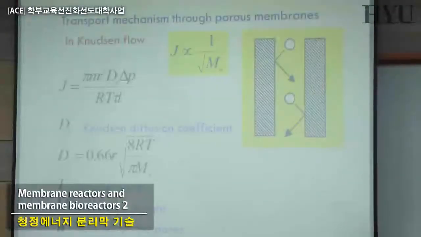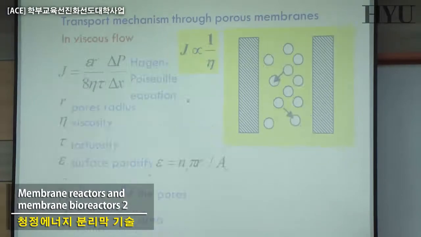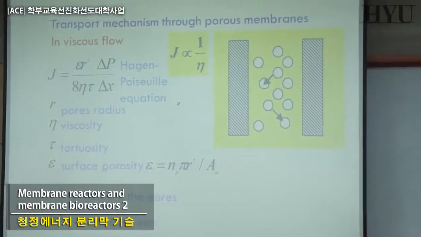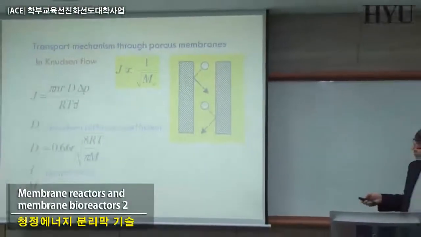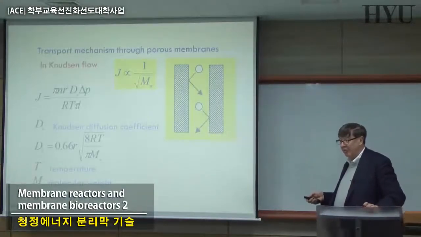We can have a different behavior when the size of the pore is relatively smaller than in the viscous case. You can see here the major difference. Remember that in the viscous flow we have a flux which is proportional to the delta P, and there's no molecular weight involved in the expression.